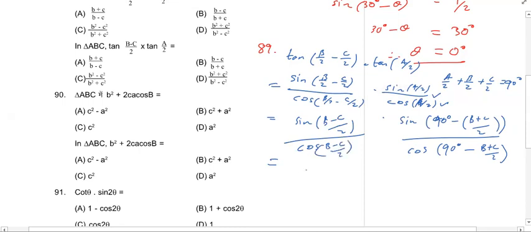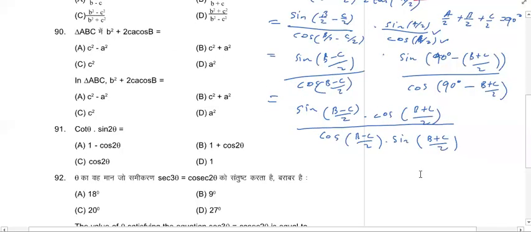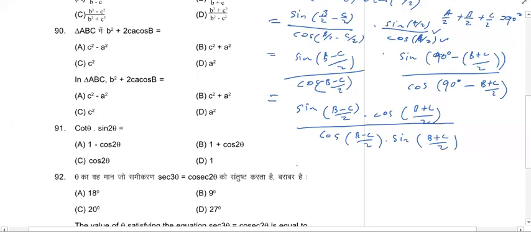So what we have now is sine of B minus C over 2 times cos of B plus C over 2, all over cos of B minus C over 2 times sine of B plus C over 2, which is now equal to, sine and cos mixture should get sine A plus B. So we're going to add these two, and then subtract with a plus in between.